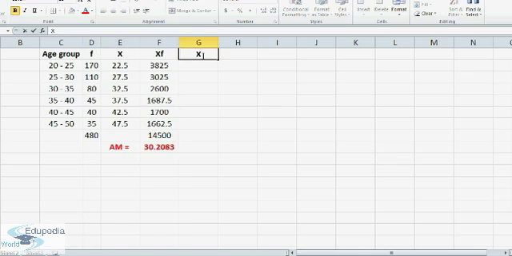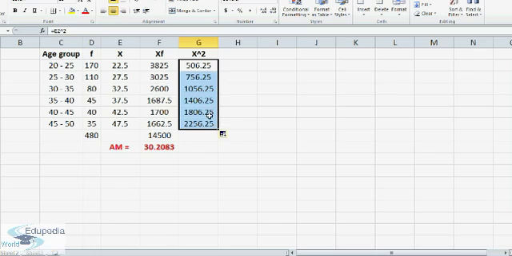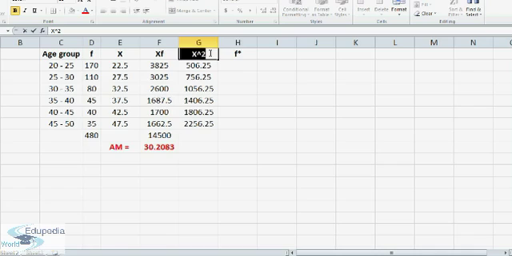So I'll have x raised to power 2 here. So these are the squares of the values of x, and then I'll multiply them with f. So f multiplied by the squares of x, so the value here will be this multiplied by the frequency values.